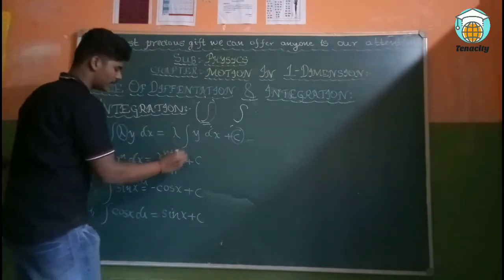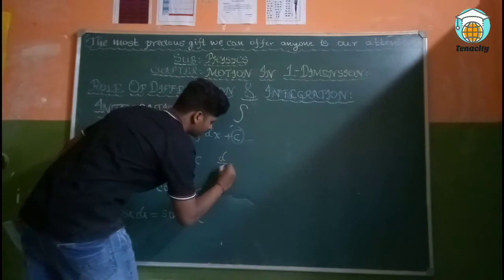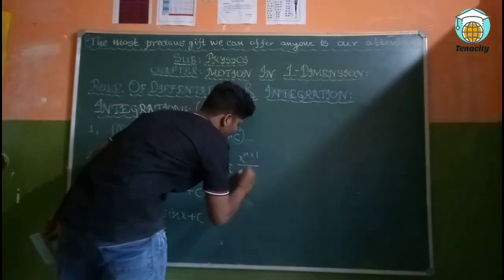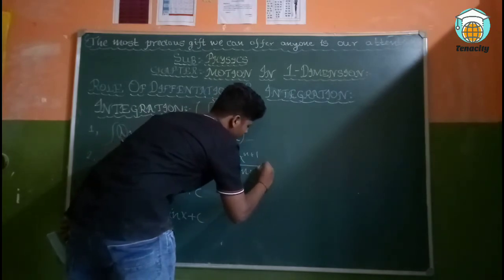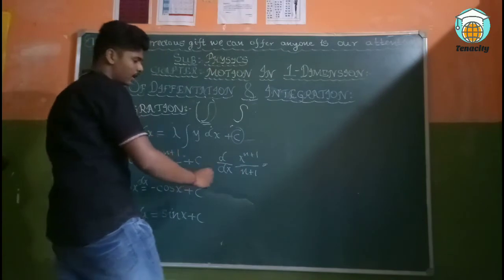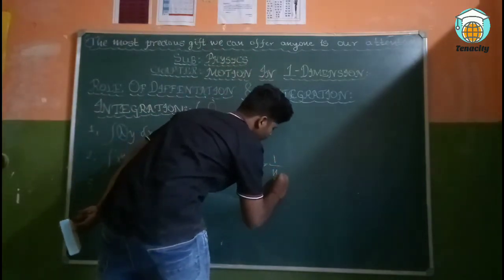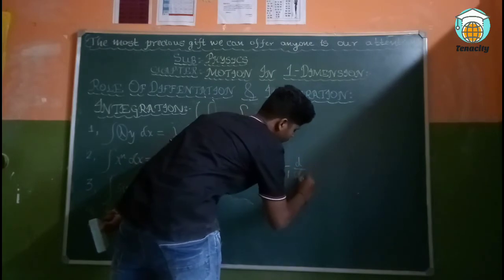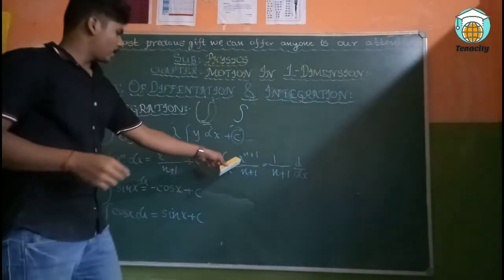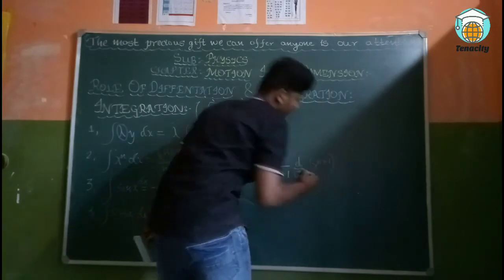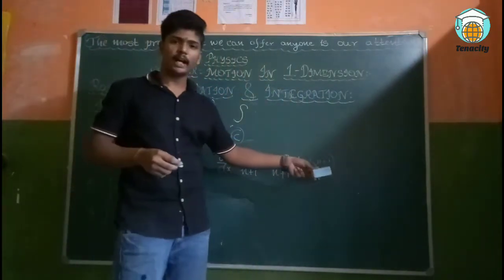I will show you how you will get d by dx of x power n plus 1 by n plus 1. As this is a constant, you take it out: 1 by n plus 1 into d by dx of x power n plus 1.